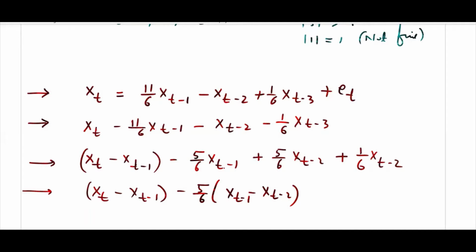I have taken this one. This is minus, this is plus. Yeah, so I have taken 5 upon 6, 1 upon 6 remains, and this is minus. This is e_t. Then I can take 1 upon 6 common.